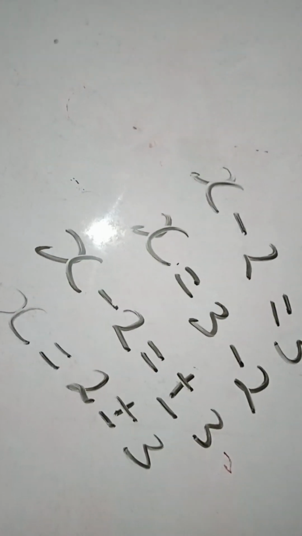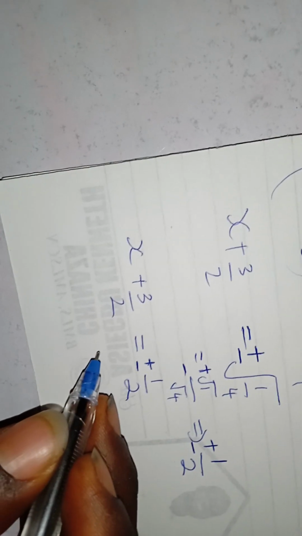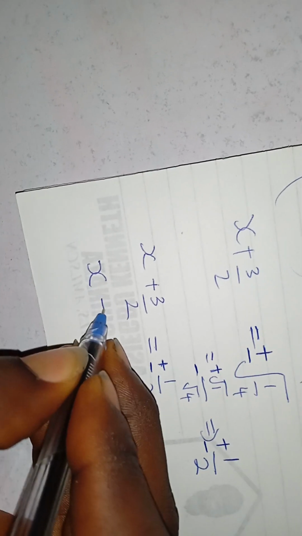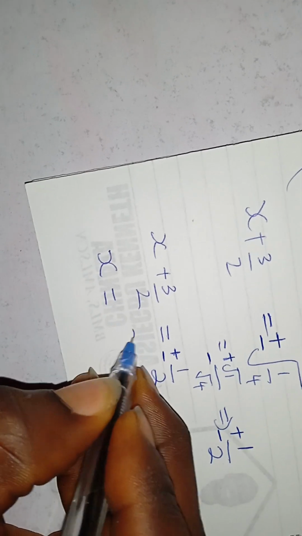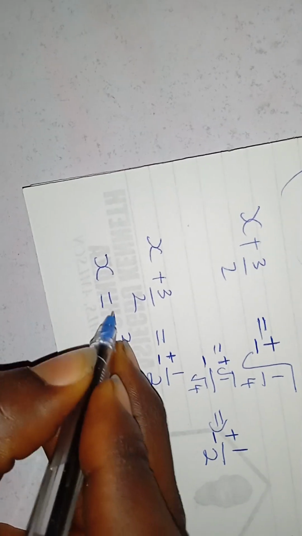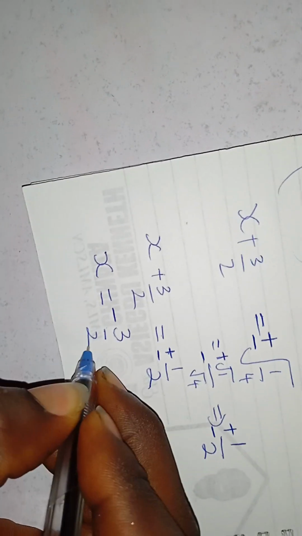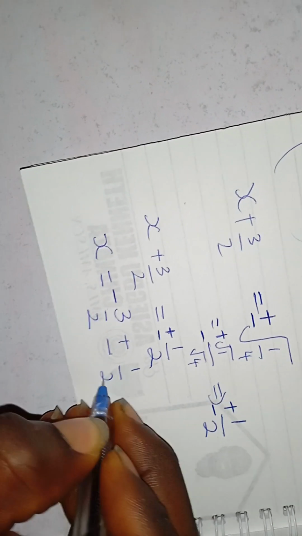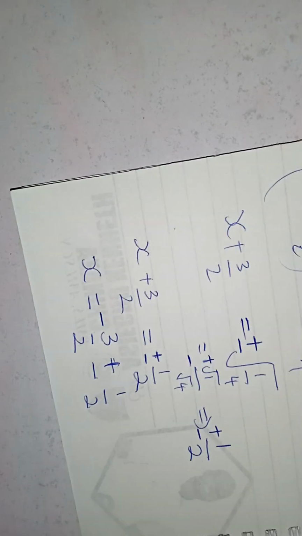So if you know this now, let's bring it to that concept. If this is x plus 3 over 2 equals plus or minus half, this is the same thing as x equals minus 3 over 2 plus or minus 1 over 2. Very important.